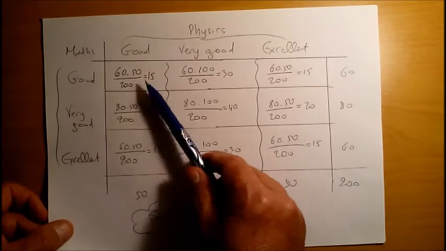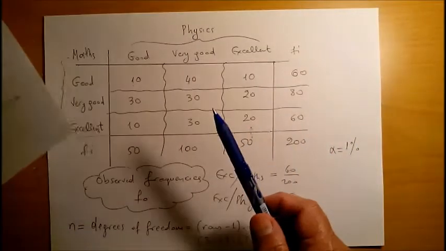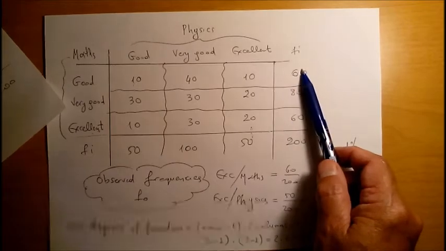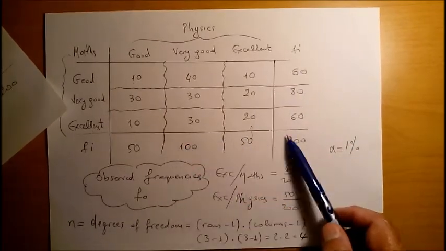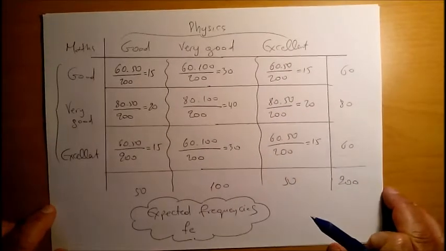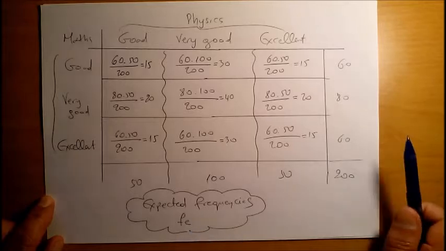Now we have 15 here. We will do the same for each cell. For this cell here, we have 60 times 100 over 200, which gives 30, etc. These are our expected frequencies, Fe.